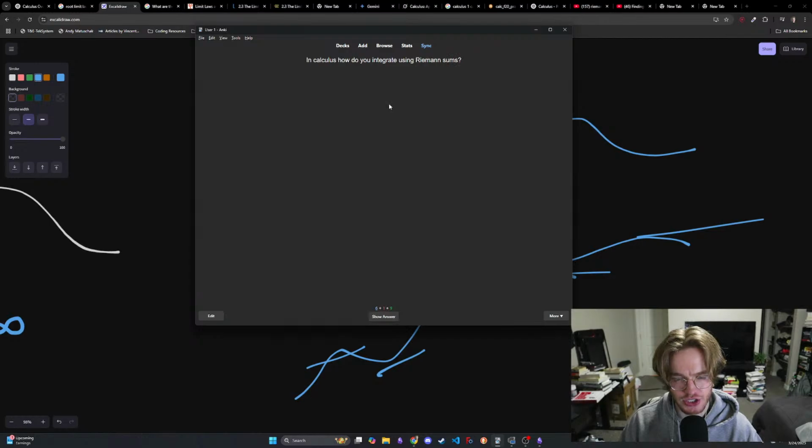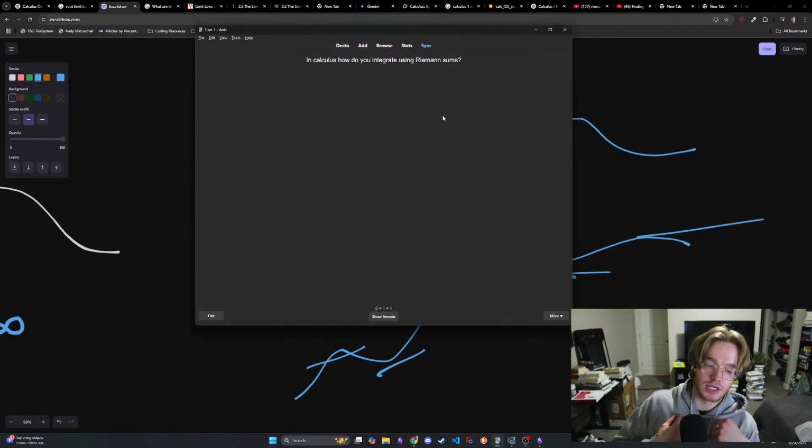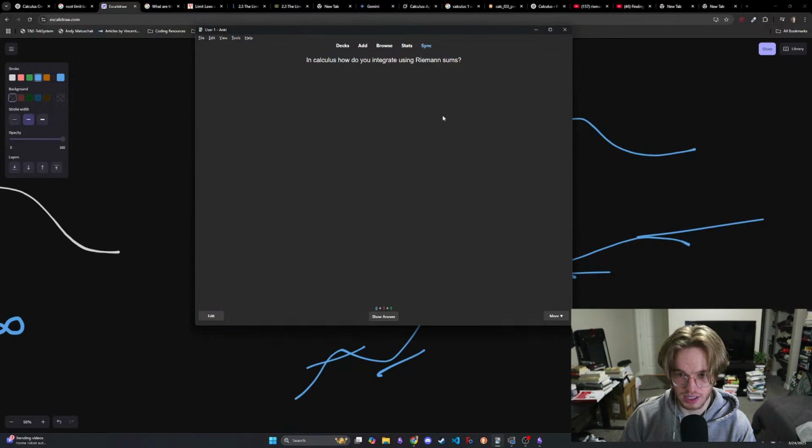Emphasizing rate of change. How do you integrate using Riemann sums? I could talk through it, but I'm not sure I know. I've never done it before. But you take sort of the rectangles. A definite integral is one in which we're finding the area under the curve, right? And so we can think of the area under the curve as a set of rectangles of varying heights that match up with the curve line.